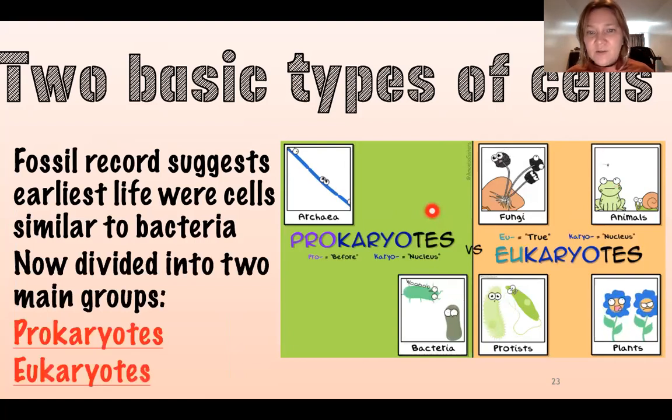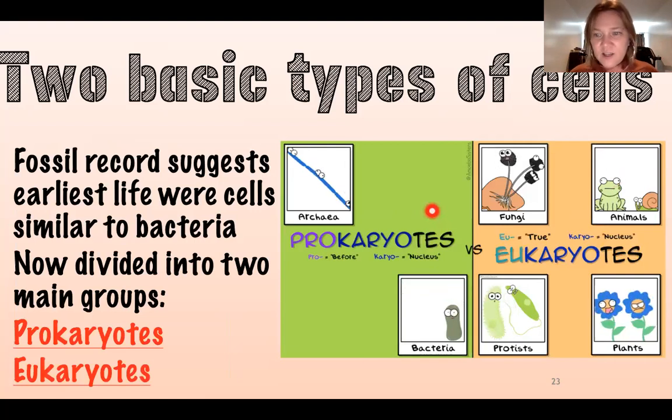We have prokaryotes and eukaryotes, and you can see that pro means before, karyo means nucleus, and in eukaryotes, eu means true, and karyo means nucleus. Again, like I said, everything in biology vocab is about what the different parts mean and putting the meanings together. So before the nucleus and true nucleus.